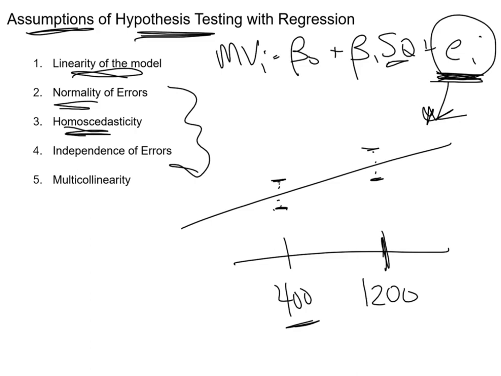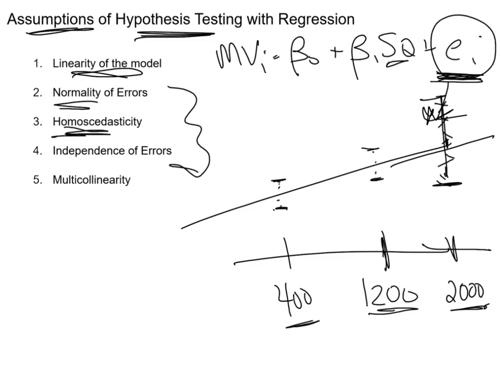I bet that for houses that are all this small, there's not a whole lot of variation in the market value. But if you've got a 1,200 square foot house or a 2,000 square foot house, you can have some really bad 2,000 square foot houses. You can also have some really nice 2,000 square foot houses. My guess is that in real life, the spread of the market value of those houses is going to be a lot bigger than for just 400.